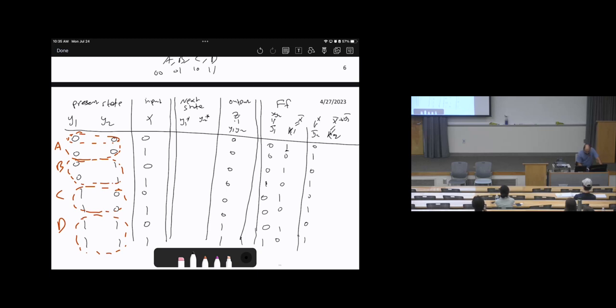So Y1 is 0, 0. The opposite, which will be 1. 1 plus 1, make it 1. 0, the opposite 1. 1 plus 0 will be 1. Here this is 1, this will be 0. 1, which will make it 1. This is 0. 1, which will make it 0.